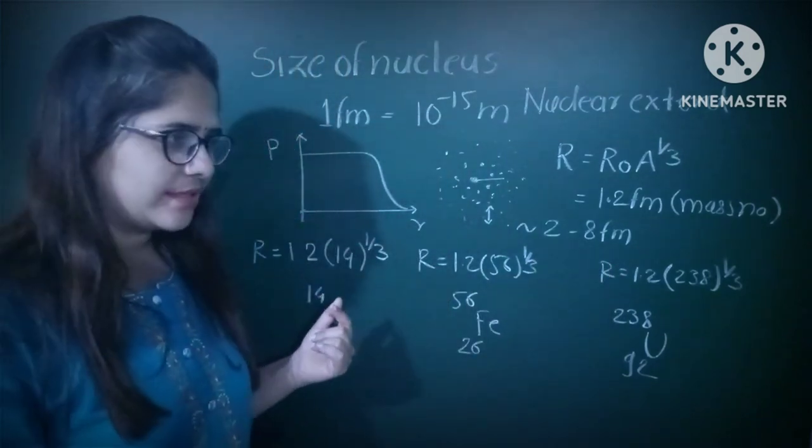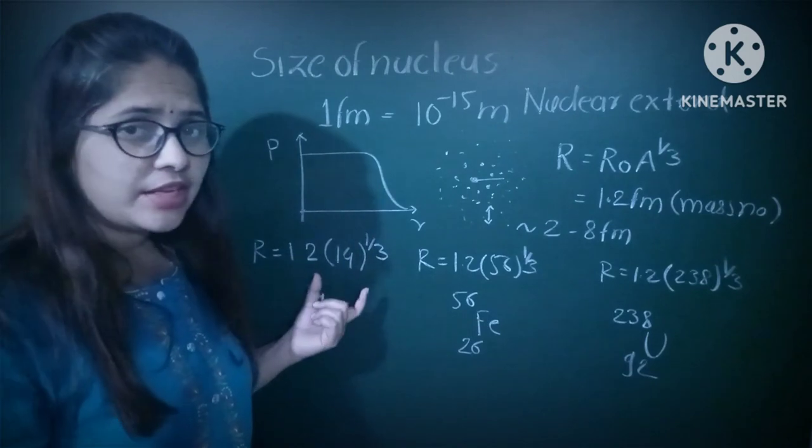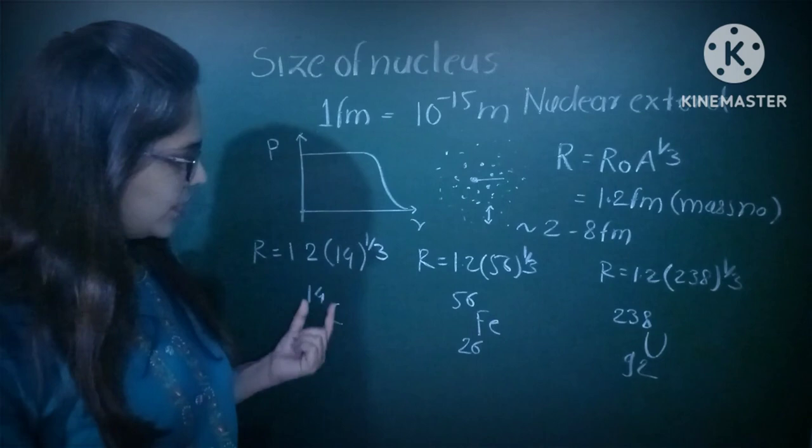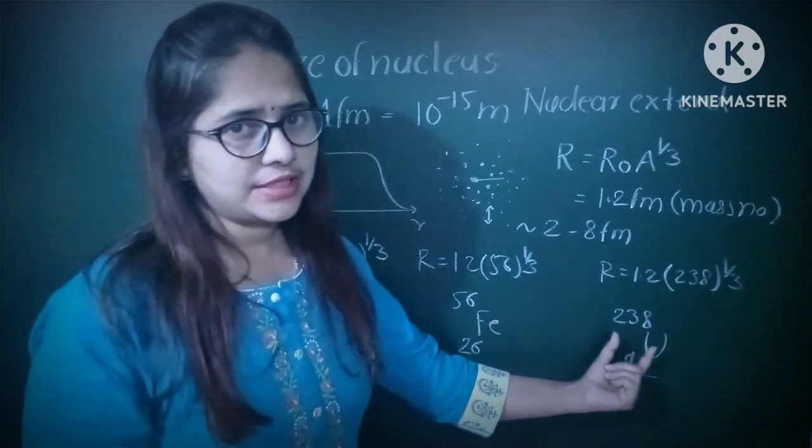So all the nuclei in the periodic table, whether lightweight, middleweight or heavyweight, fall under this range. You can take this as an exercise and evaluate the radial extent of the nucleus of these three elements.